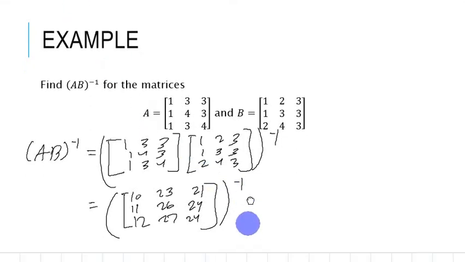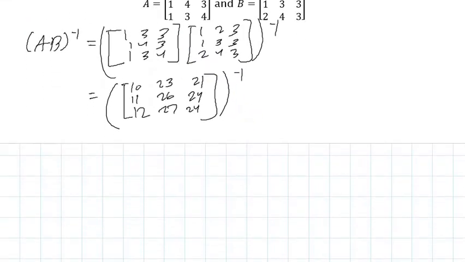In doing so, we're going to get the matrix [8, -5, -2; -8, 4, 3; 5, -2, -7/3].